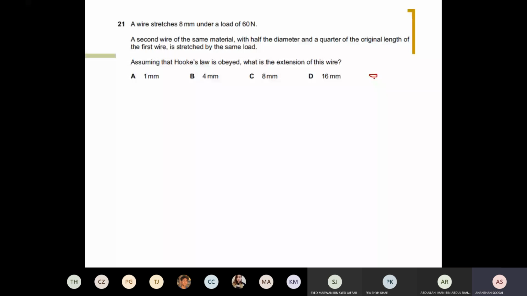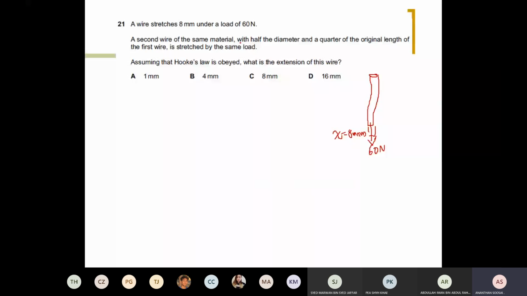There is a wire, it was applied a force of 60 Newton, and it was stretched 8 mm. It means the extension is 8 mm. Yeah, that's the story.